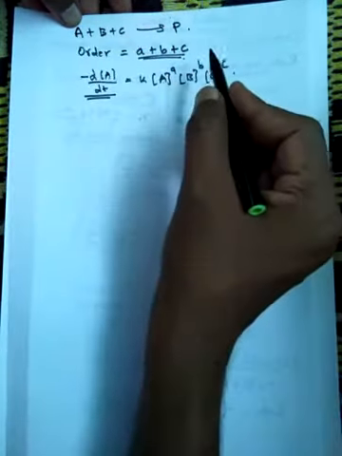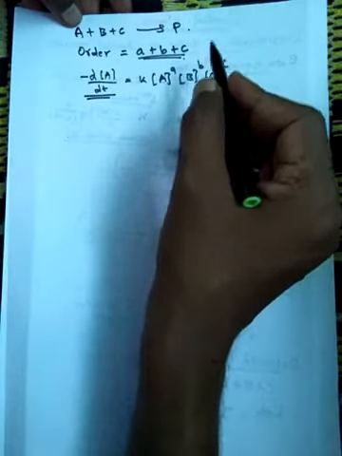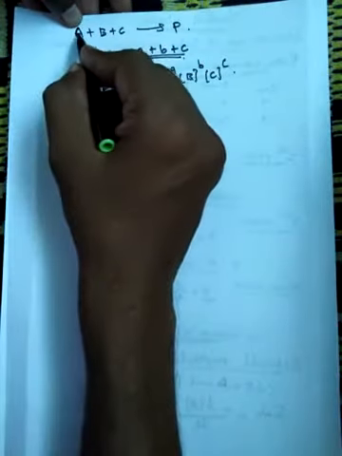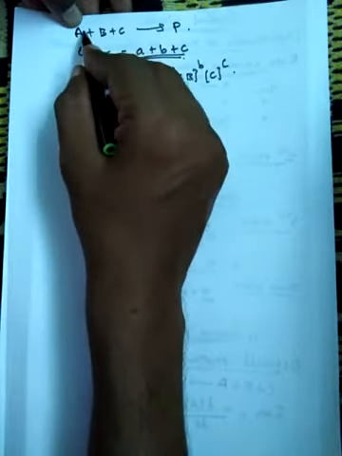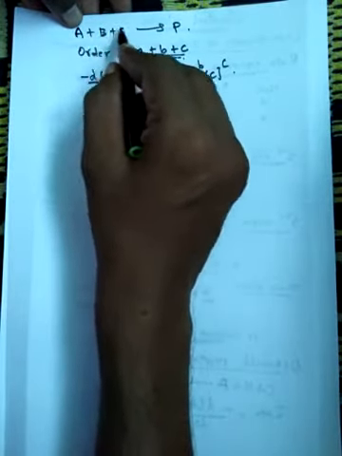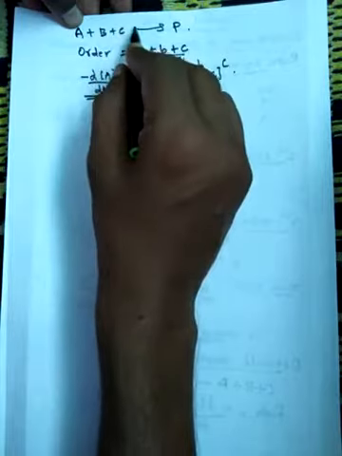I'll repeat again: I'm going to take a smaller amount of A, and a comparatively very large amount of B and C to carry out this chemical reaction.